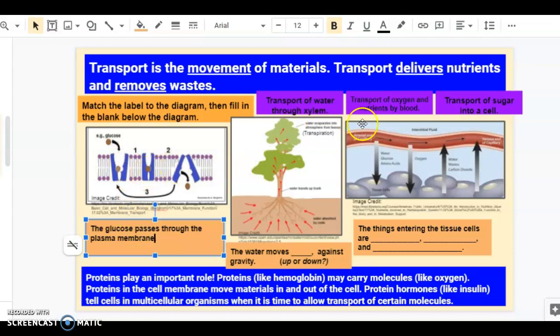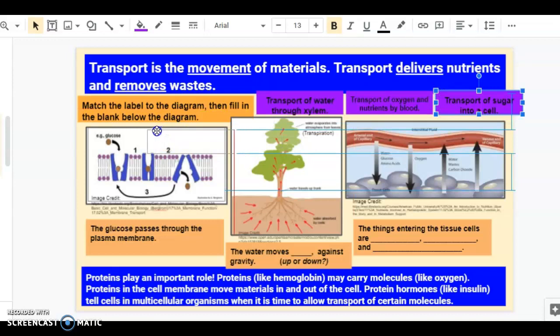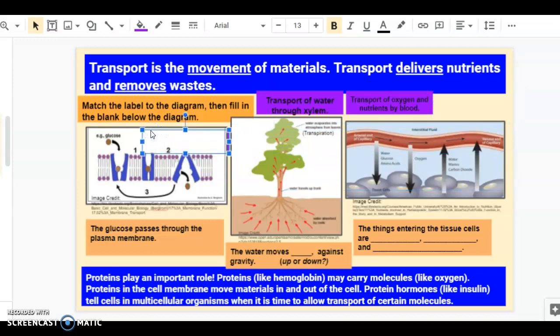It's transporting it in. That transport of sugar into the cell, I'm going to drag that label over, is an important part of the energy solution, which we'll talk about a little bit later.